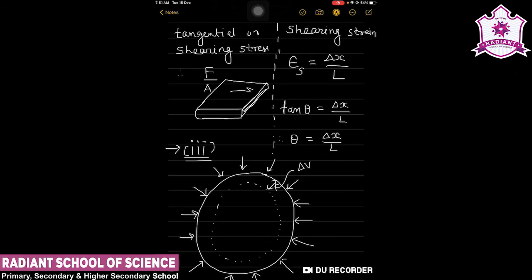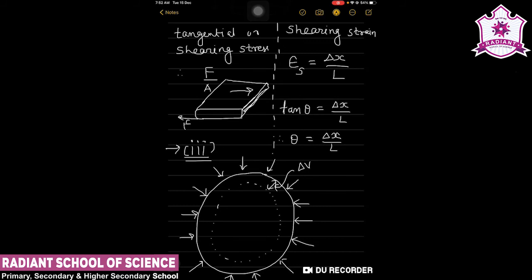It can be visualized when a book is pressed with hand and pushed horizontally as shown in the figure. Suppose some book-like material is given, and it is put under some external force in such a manner that it experiences the force in this direction, or it will also experience the force from the bottom part.